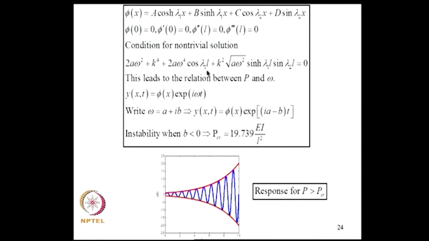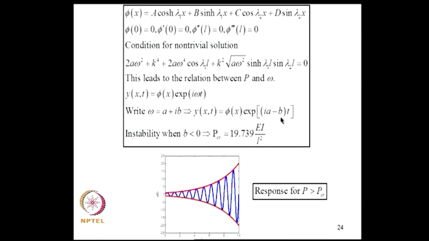Now, this actually is the characteristic equation and it relates P and omega. So, this leads to the relation between P and omega, and we have phi of x, t as exponential i omega t. This omega need not be real in this case. So, if I assume omega to be a plus i b, then y of x comma t will be exponential i a minus b into t.